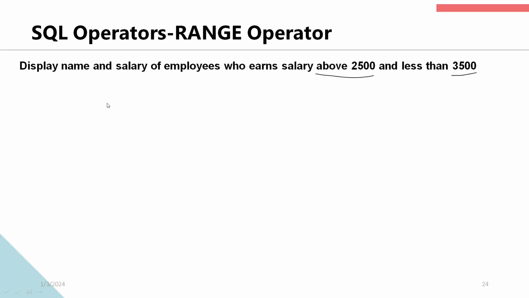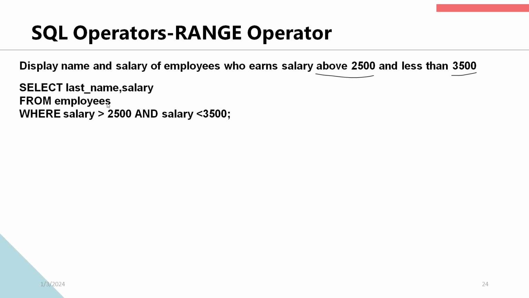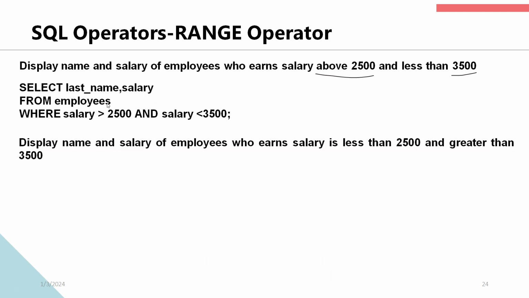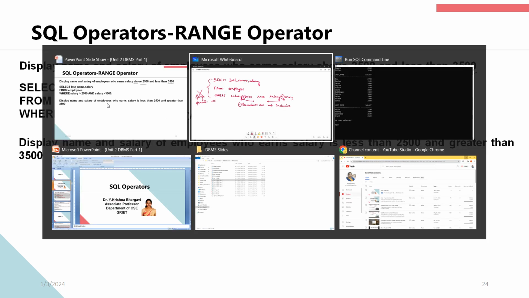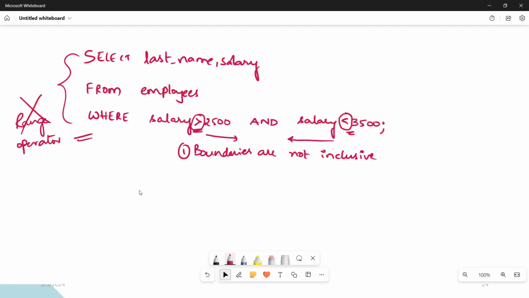Yes, so we will proceed further by taking one more question. Here we would like to display the name and salary of employees who earn salary less than 2500 but greater than 3500. Now please try to understand this. I am writing the query condition here. The first thing is you require 2500 and 3500 including these values.